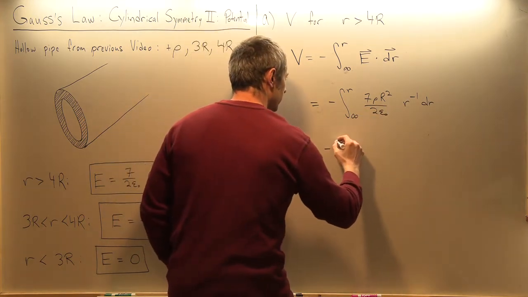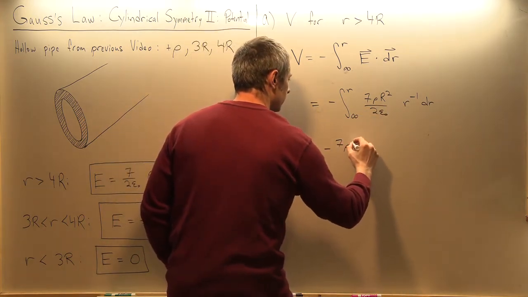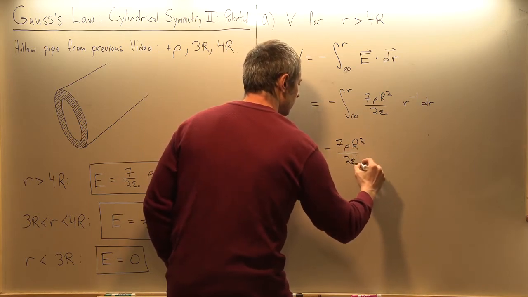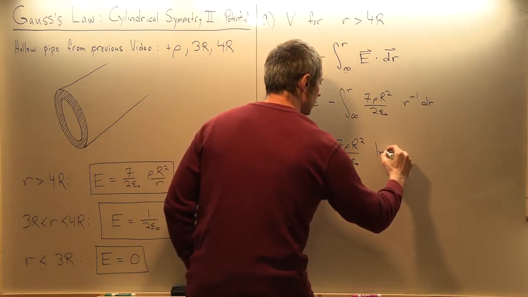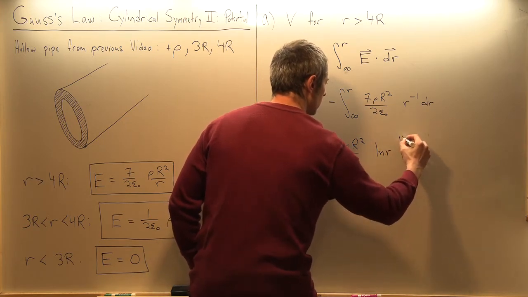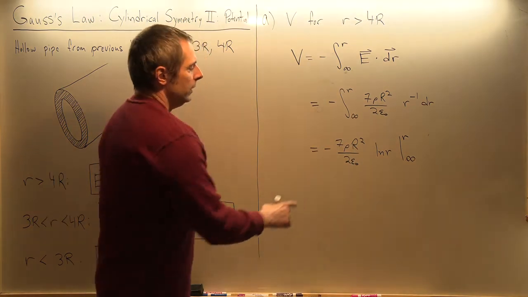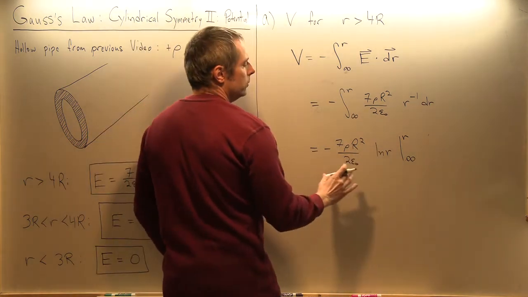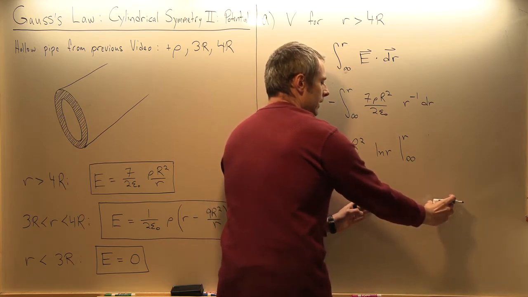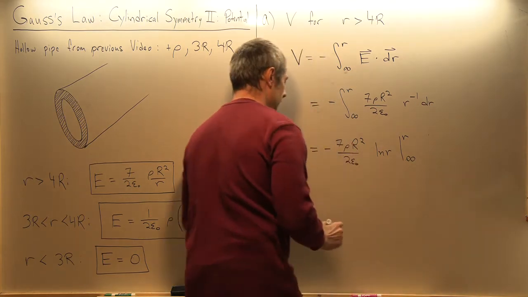So minus... now, because of this minus sign, what we could do is it'll flip log of r minus log of infinity. It'll flip and put the log of infinity first.